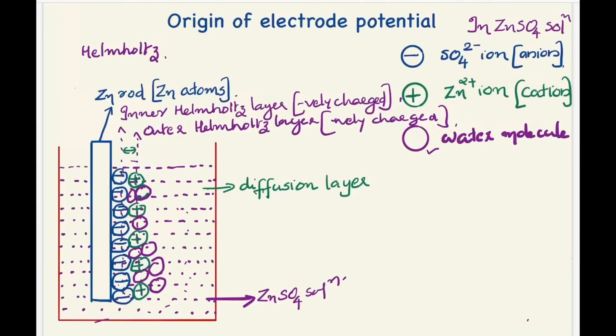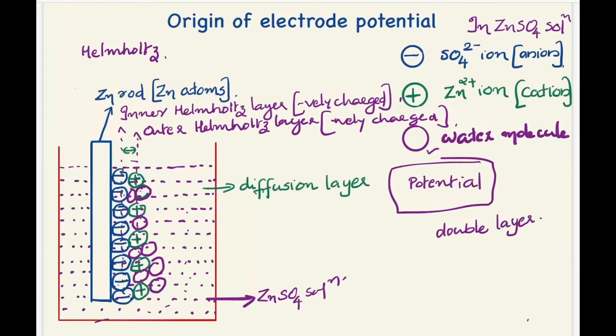Now, as per electrochemistry, if you have two different layers or areas which contain opposite charges, and if they are separated by a distance, then potential will develop. So this potential is due to two differently charged layers. So there is a double layer, and this double layer is due to their different charge.